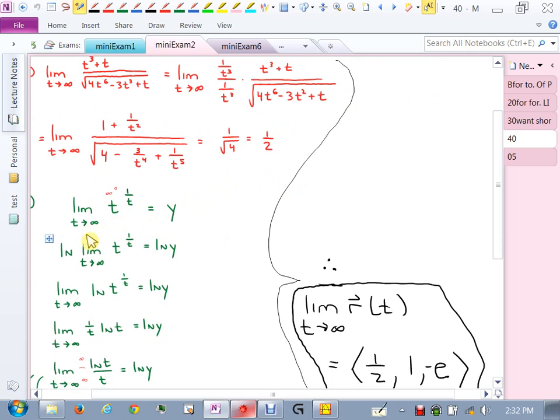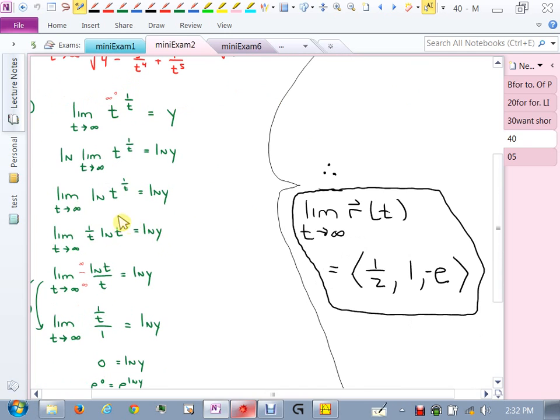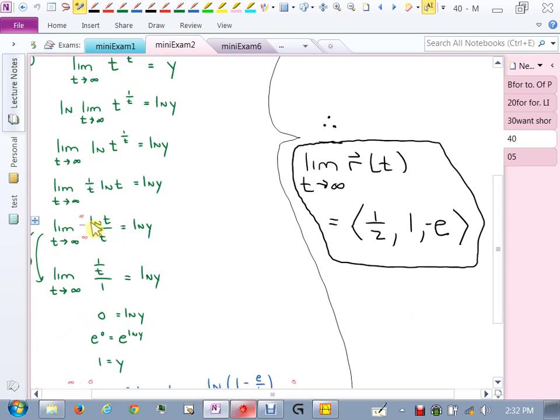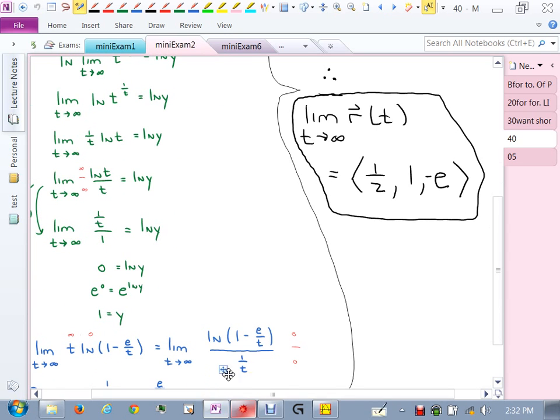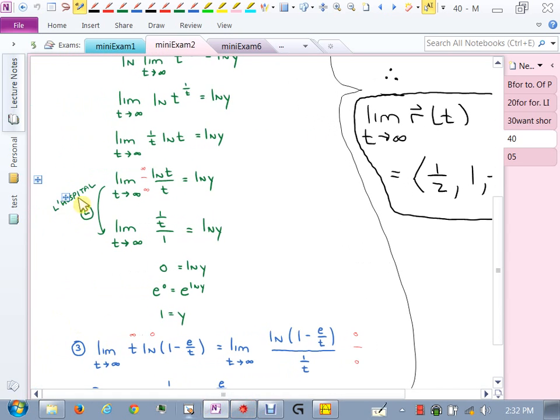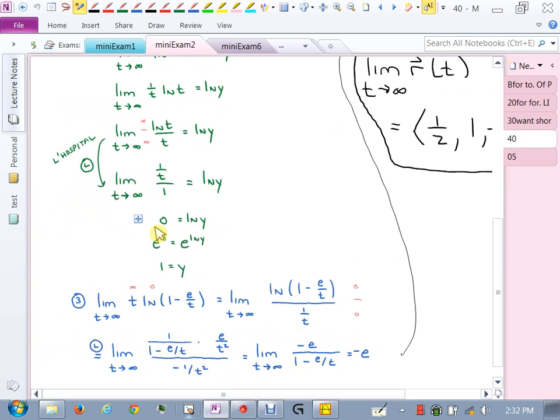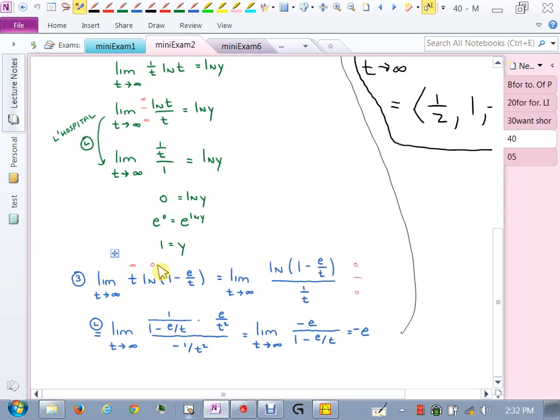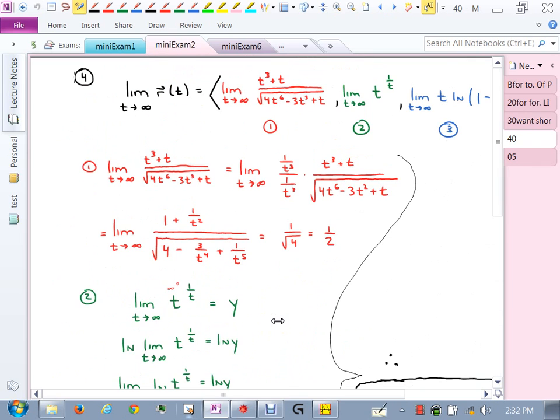Take the natural log of both sides, work through, turn it into infinity over infinity, and apply L'Hopital's rule. There it is, L'Hopital, right there. And then from here you get 1. And then here's the same thing. You have infinity times 0, then drop 1 down. And this is just one intermediate part of a bigger problem. It's just a little subtle sidestep that we do.